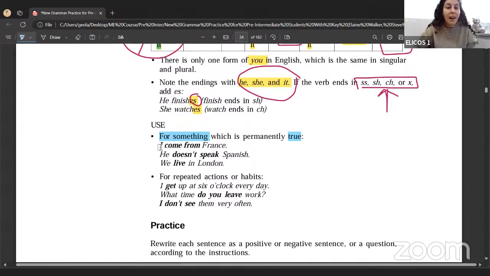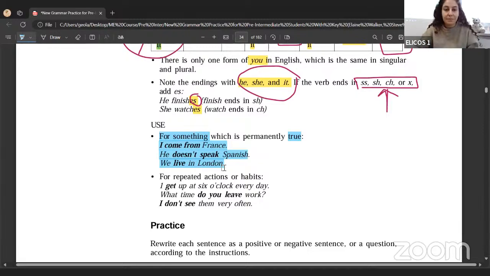For example, I come from France. He doesn't speak Spanish. We live in London. True information, yeah? I teach English. True information. I work in the city. True information. I love to swim.